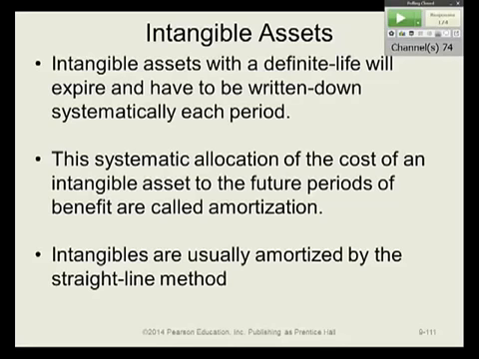Finite life intangibles have a fixed period. So patents would be 20 years, or the economic life of a patent might be 3 years. You have indefinite life intangibles. Those intangibles could last as long as the business. So that we will write them down, and the term that we use is amortization.